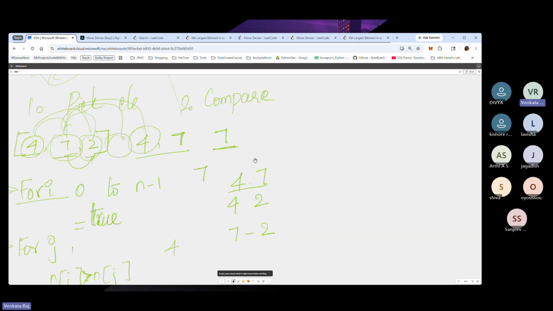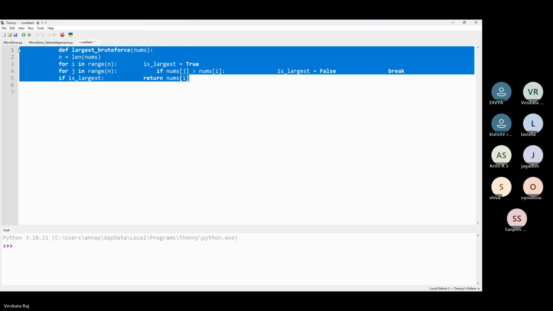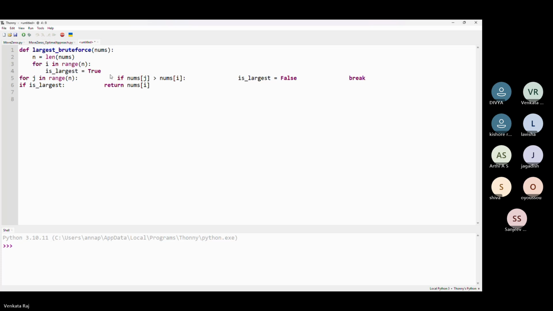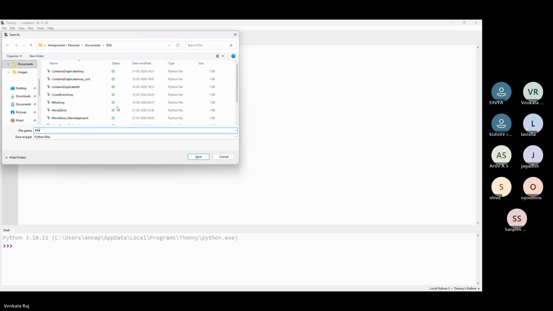Let me show the Python code for the largest element.